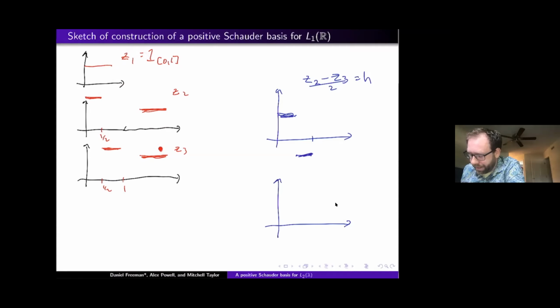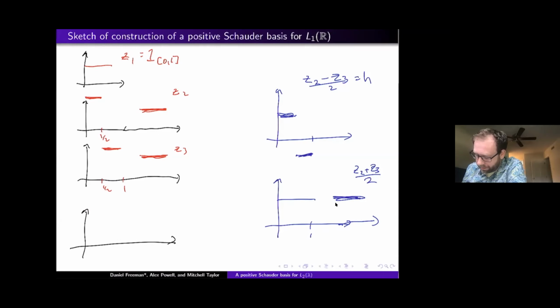And so the point of this piece out here is that if you subtract these two vectors, you get the Haar basis, but if you add them together and try to get Z1, you get this extra piece out here as well. And so this is going to be far away from Z1 because this extra piece is contained in Z2 plus Z3.